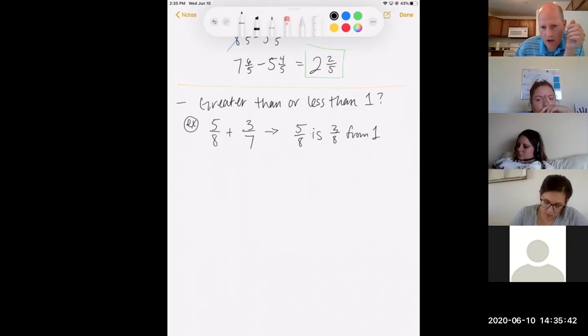Okay, so all I have to do from 5/8 to get to 1 is to add 3/8. Here I'm adding 3/7. Okay, so we need to compare 3/7 and 3/8. So once we do that, we compare.